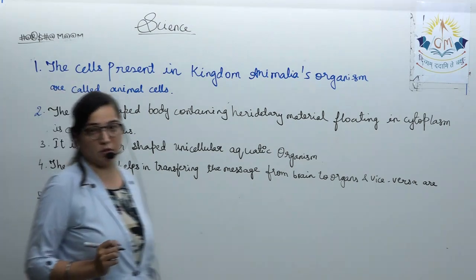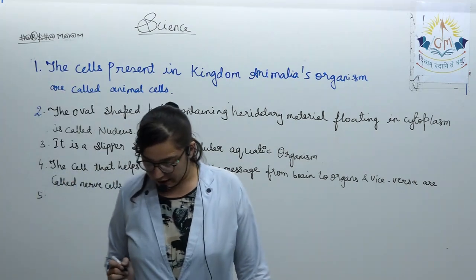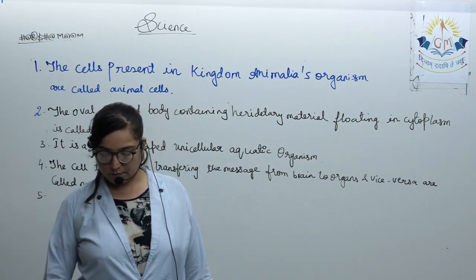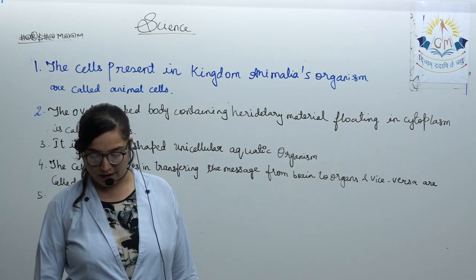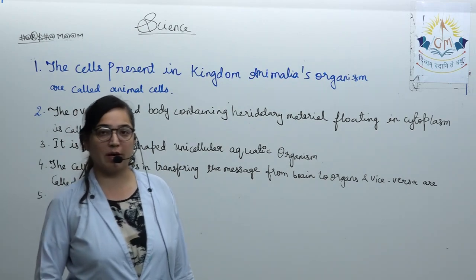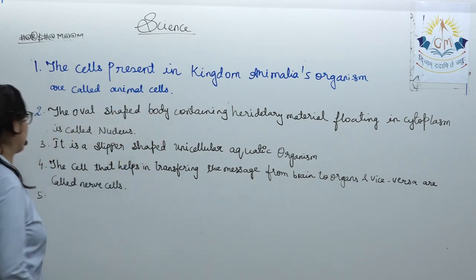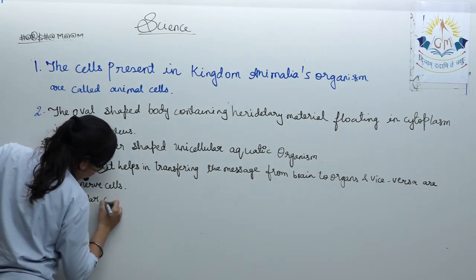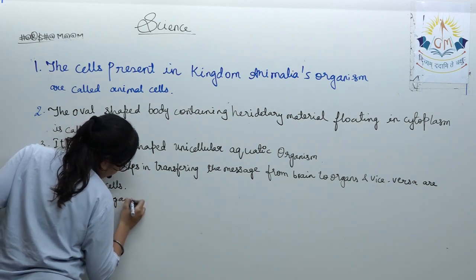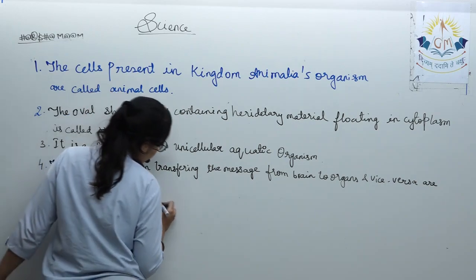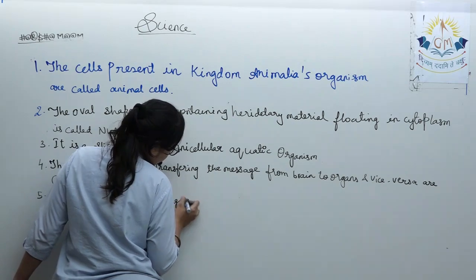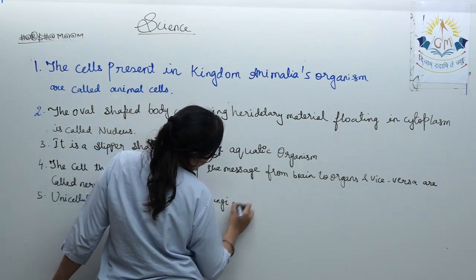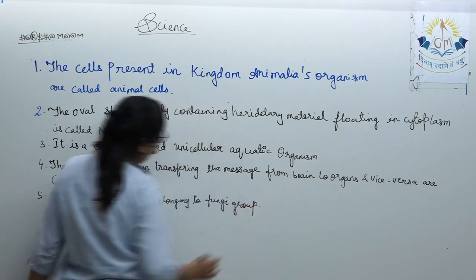Okay, that is the nerve cell. Next is the yeast. Again, it is a unicellular plant that belongs to the fungi group. Okay, these are the definitions.